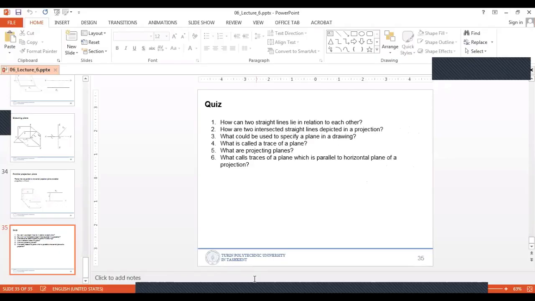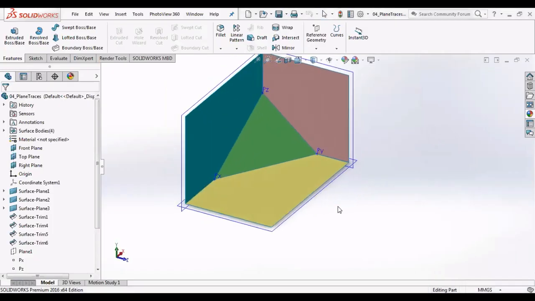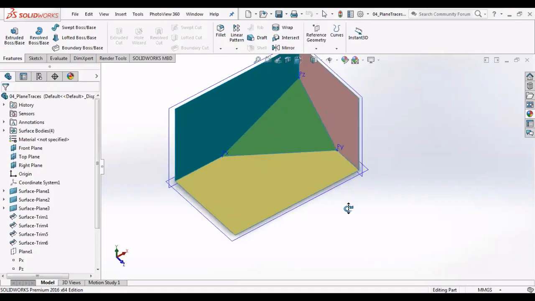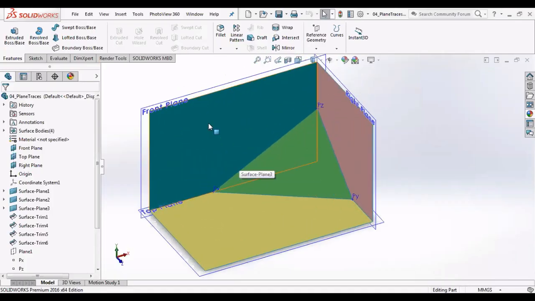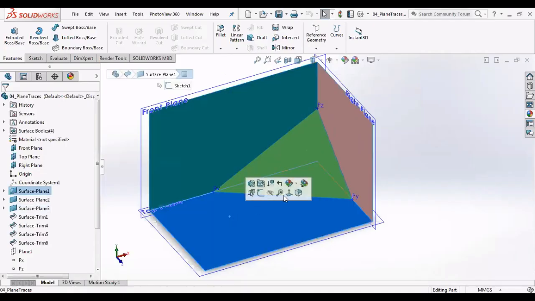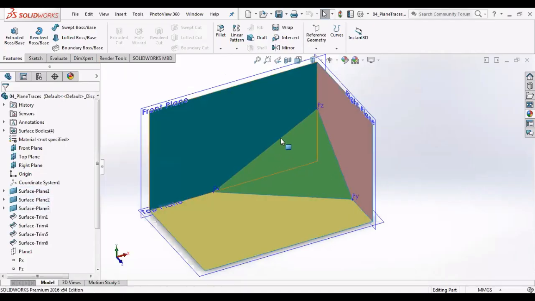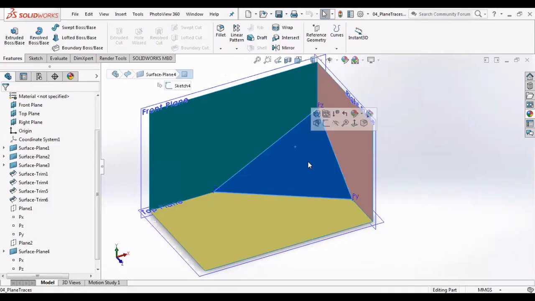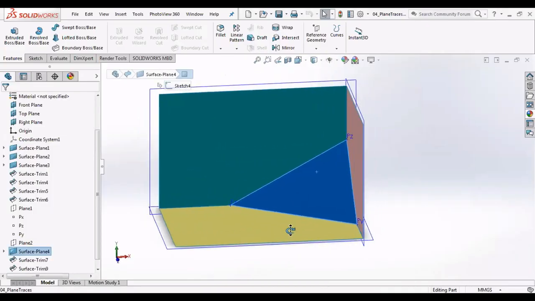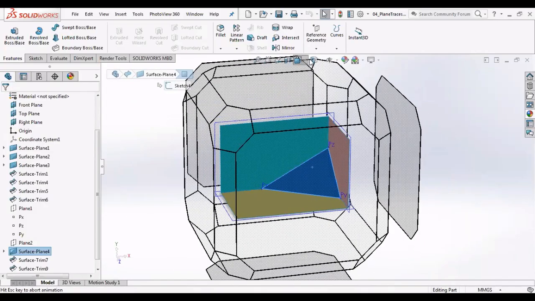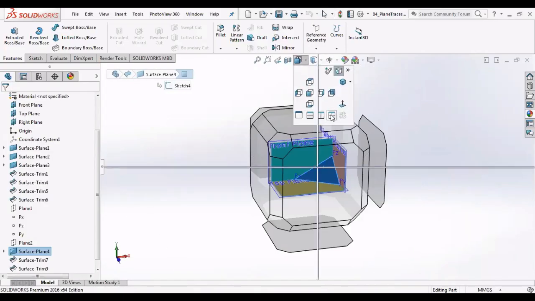Okay, so how it looks in reality. Like this. The green plane is given, and it intersects the blue one, the yellow one and the purple one. So by giving these traces, the intersection lines, we can give the plane in 3D in a 2D.